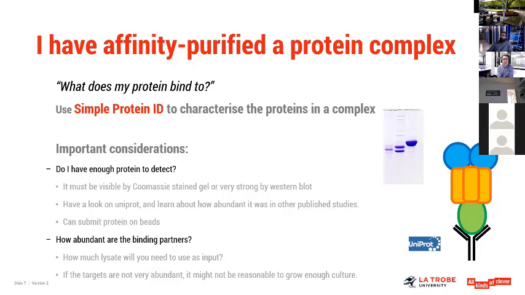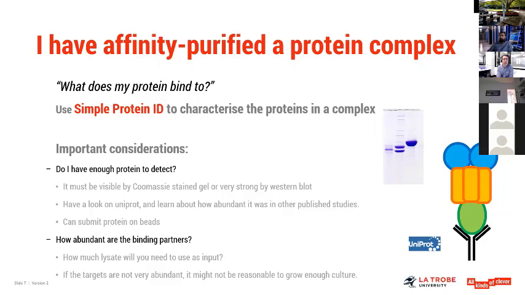Some things you can do beforehand is have a look at the literature to try and get a handle on how abundant your predicted complex partners are in other studies. You can have a look on UniProt. Some model organisms have quite a lot of information on protein abundance available. UniProt's an online database. It's pretty easy to search for your protein name or BLAST to it.